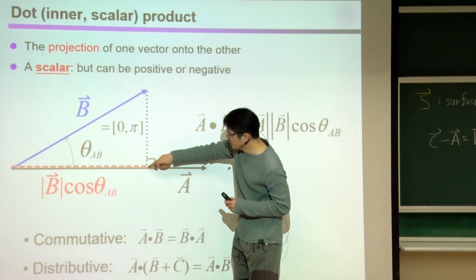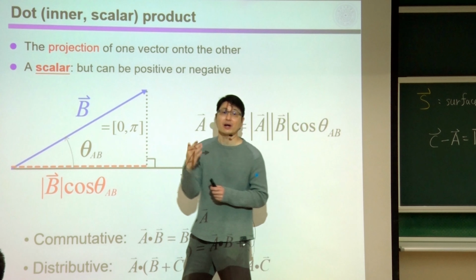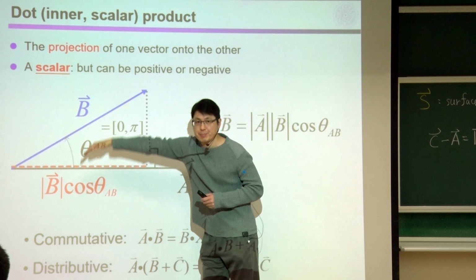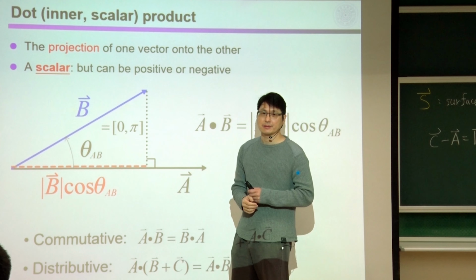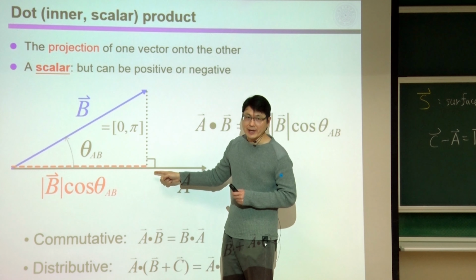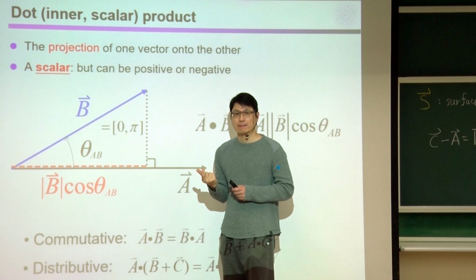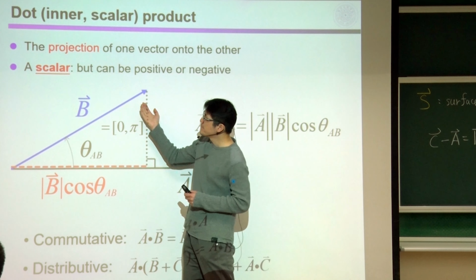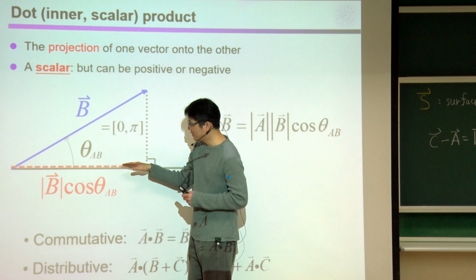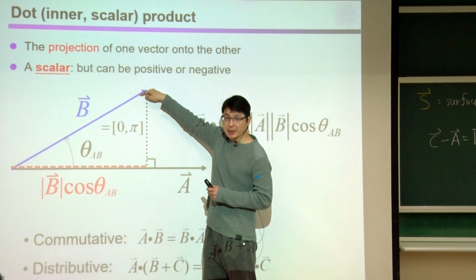So you will see this part being bright, but this part being dark, because light is blocked by B. Right? So this segment in red is called the projection. How long of the distance or the length on A is being blocked by vector B?